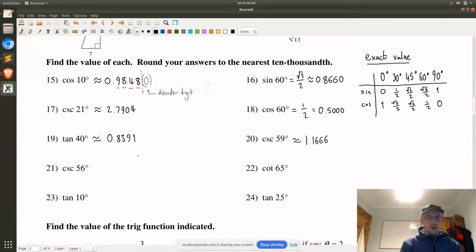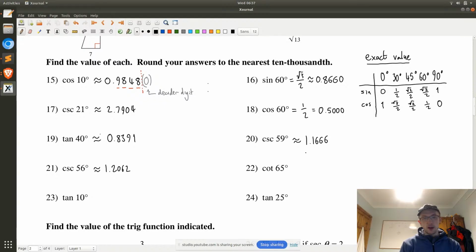Cosecant of 56 degrees is 1 over sine of 56 degrees. Enter into your calculator, and you obtain 1.2062. Great.